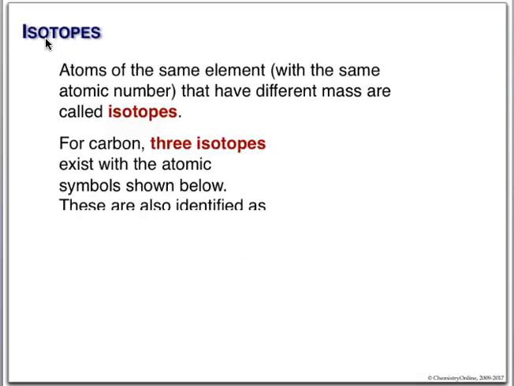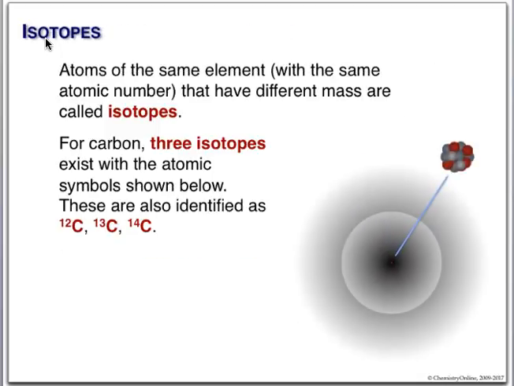Now we looked at an example, and that was carbon. We talked about isotopes. Isotopes are elements with the same number of protons, so the same atomic number, but they have different masses. They have different masses because they have different numbers of neutrons. For carbon, there are 3 isotopes that are common: carbon 12, 13, and 14.